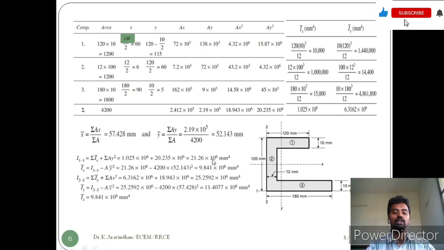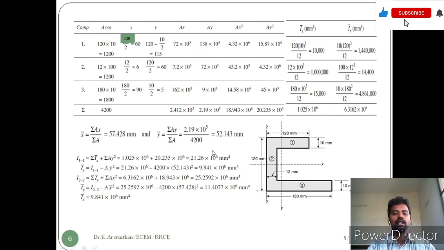So if you substitute this value in I11, you will be getting I11 minus 4200, which is area, into y bar, 57.428. Here you got moment of inertia along the x-axis. The same procedure you have to follow to identify the y-axis.